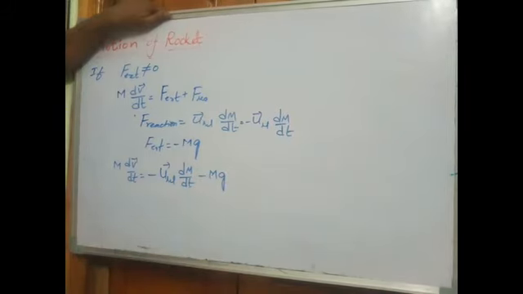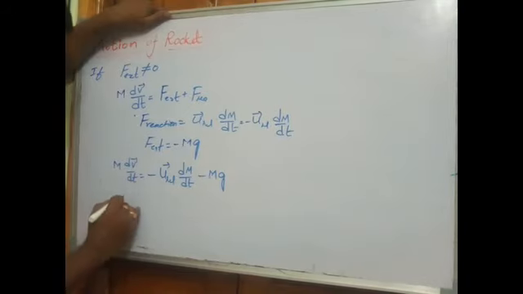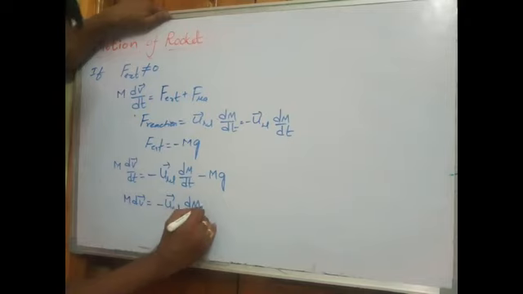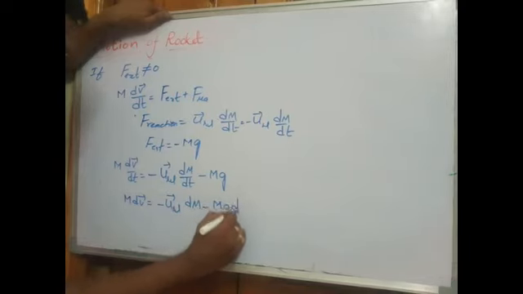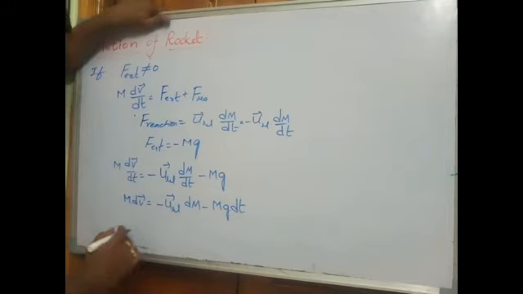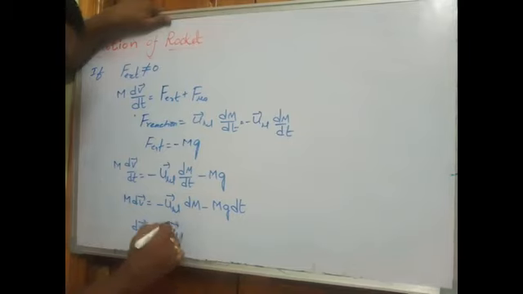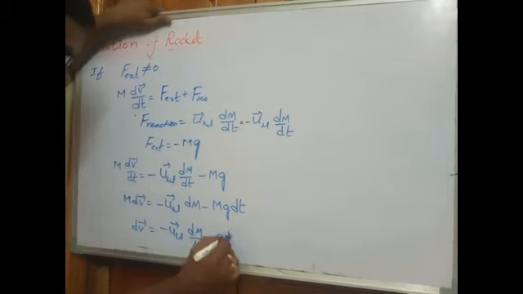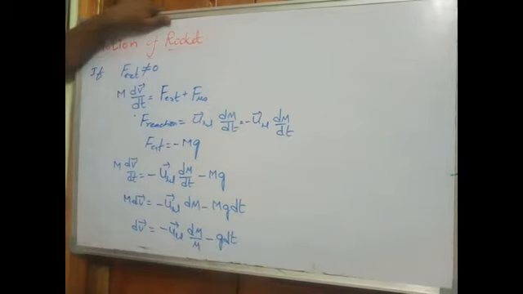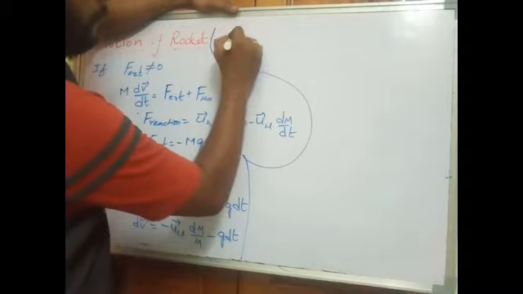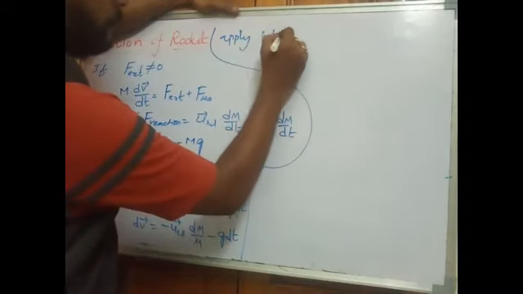Now let us multiply dt on both sides. We get m into dv bar equals minus relative velocity into dm, minus mg into dt. Let us divide by capital M. We get dv bar equals minus u relative velocity into dm by m, minus g into dt. Now let us apply integration on both sides.